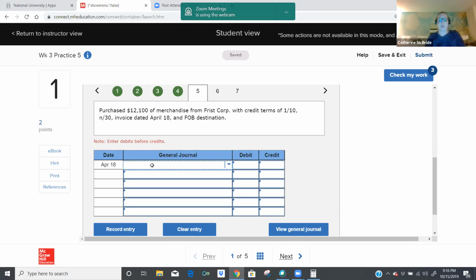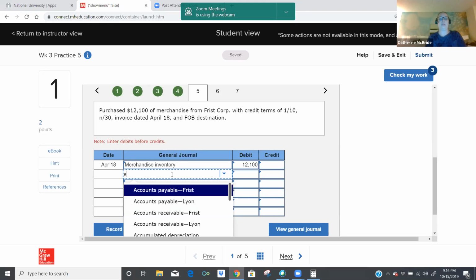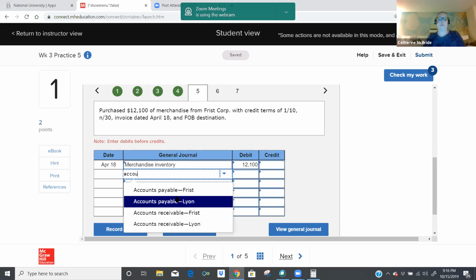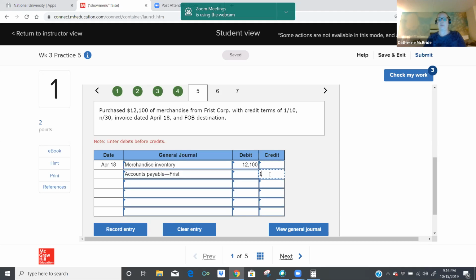So all I've done here is purchase inventory. So I'm going to increase merchandise inventory by $12,100 and increase accounts payable, Frist, by $12,100. So I've increased my inventory.